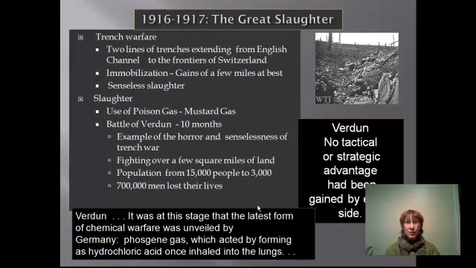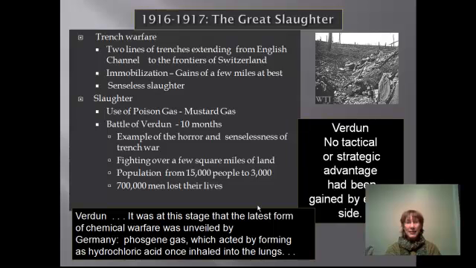Read about the trench warfare, how absurd it was. Look at how senseless it was to keep those soldiers dying and dying and dying without advancing, and analyze how those military leaders refused to look at what was happening.